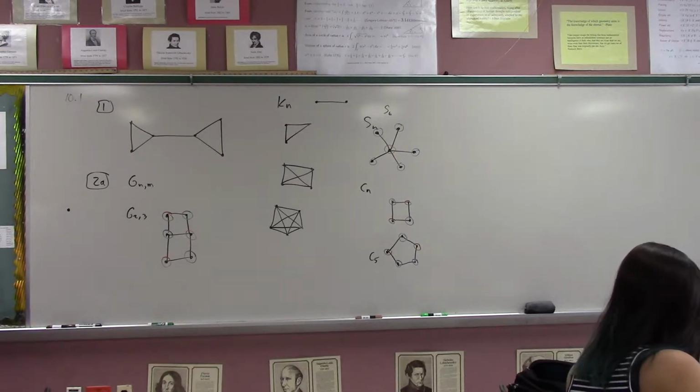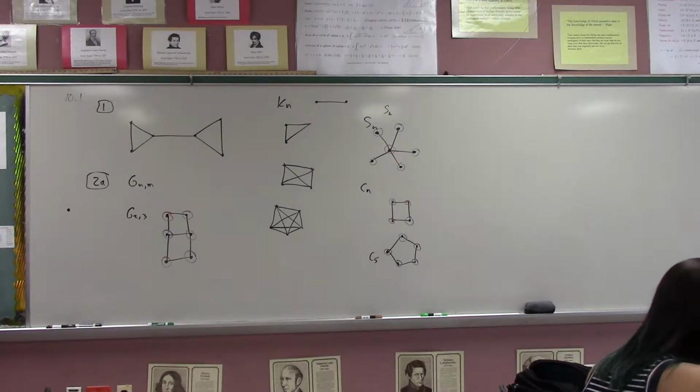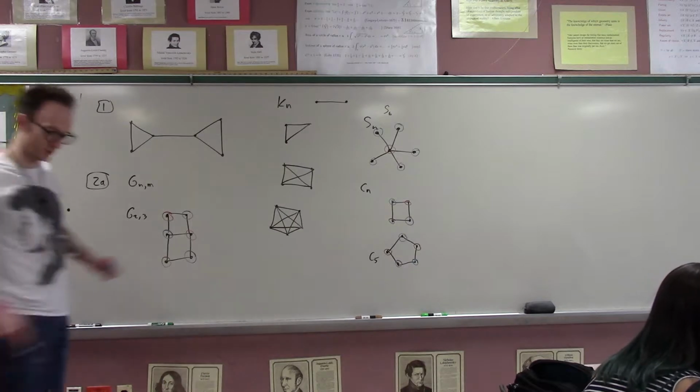Okay, good. Next, getting slightly more interesting, arguably. 3B, draw each of the following complement graphs. This is just a way of getting you to play around with all the vocab. S5 is the star graph.